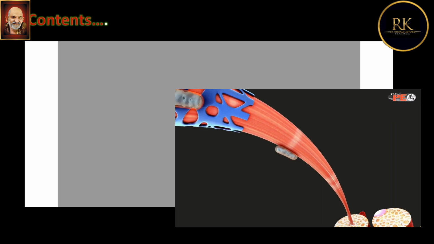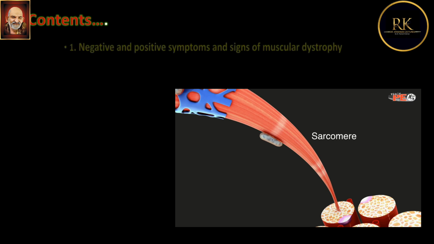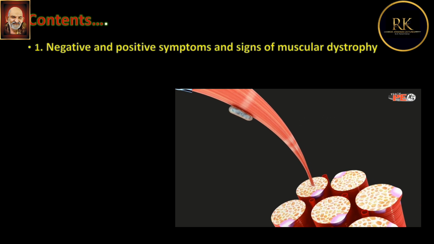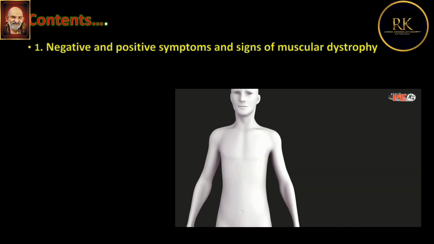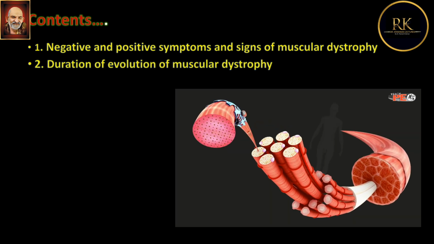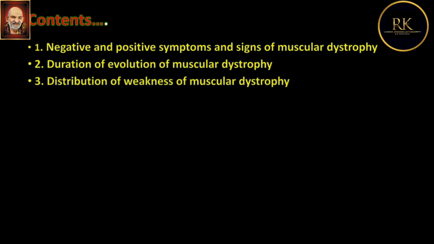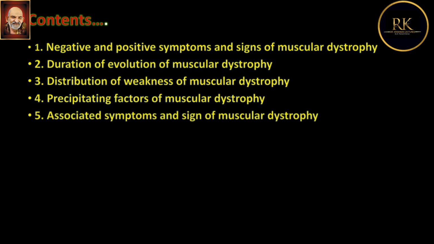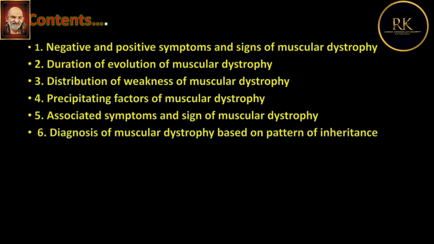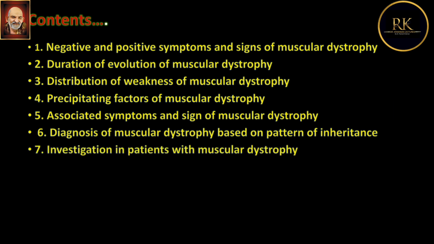The content of my lecture includes negative and positive symptoms and signs of muscular dystrophy, duration of evolution, distribution of weakness, precipitating factors, associated symptoms and signs, diagnosis of muscular dystrophy based on pattern of inheritance, and investigations in patients with muscular dystrophy.